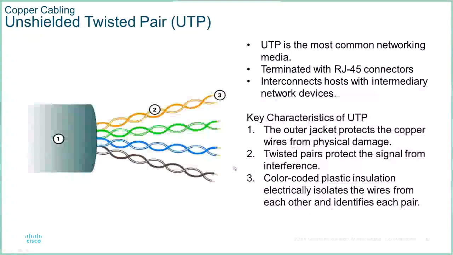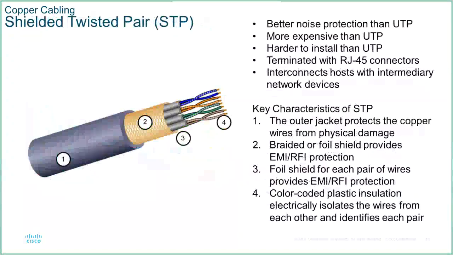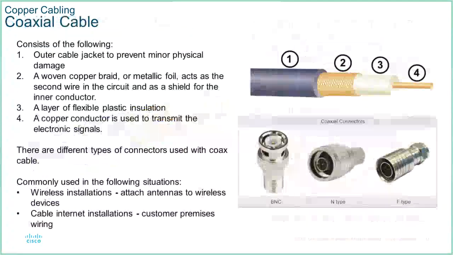So outer sheath, physical protection from damages, and color coding so that we can identify which pins each wire connects to. And I've already talked about the shielding and the braiding on the other ones, so I'm not going to repeat myself.